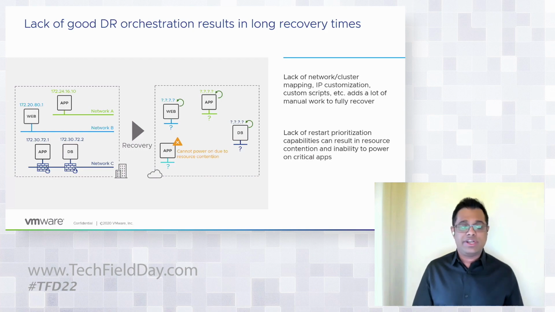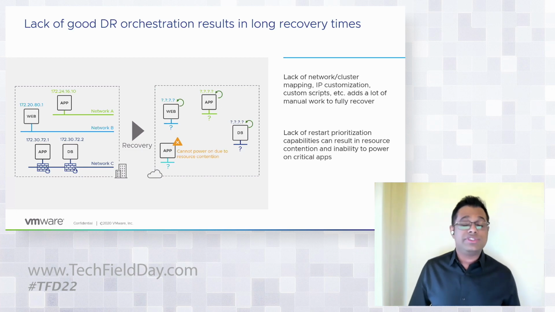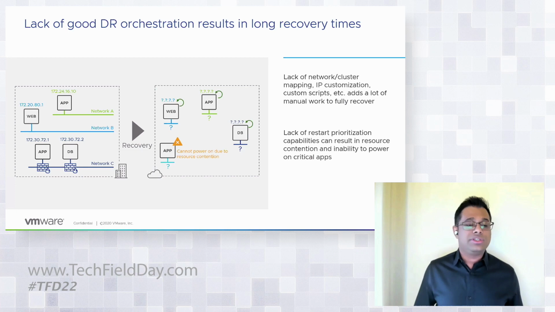The reason is illustrated by this slide, which shows workloads that you're trying to protect and potentially fail over in a disaster scenario. They're connected to different networks, they have different IPs, they're in different folders, different clusters. When you don't have this sort of orchestration built into the solution out of the box, that adds a lot of additional time to your recovery process to perform the placement of those workloads.